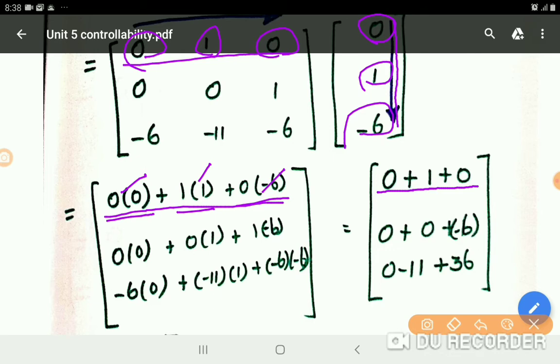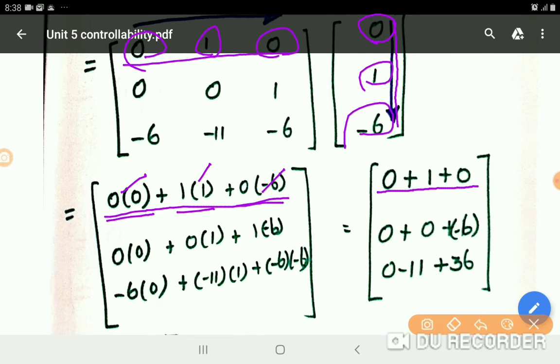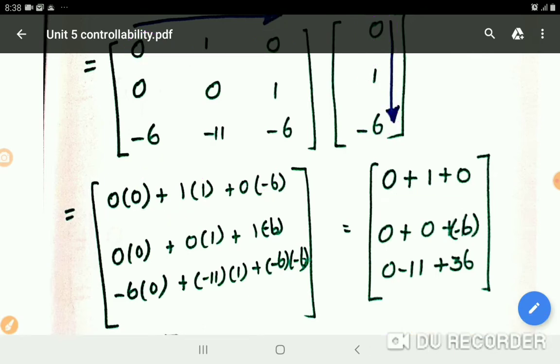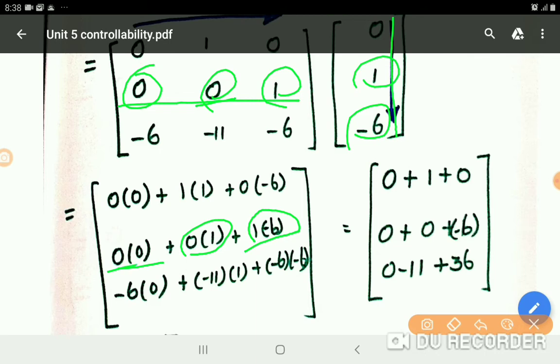Then the second row: 0 into 0, 0 into 1, 1 into minus 6. So 0, 0, minus 6.